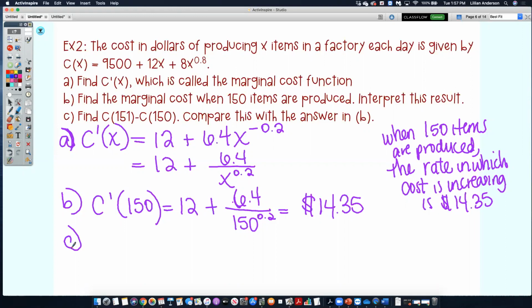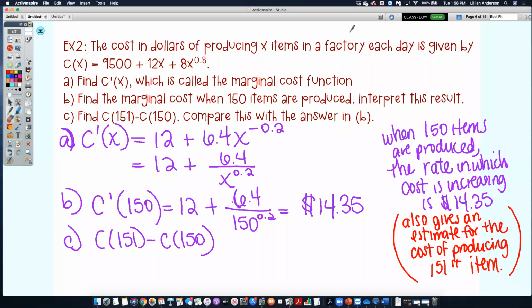Let's find C of 151 minus C of 150. What does that mean? You plug 151 into your original function, and you subtract what you get when you plug in 150 into your original function. It was just regular C, not C prime. Find that value. Oh my goodness. What is it? They are the same.